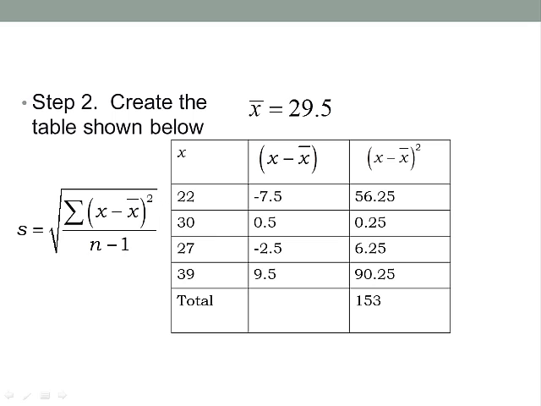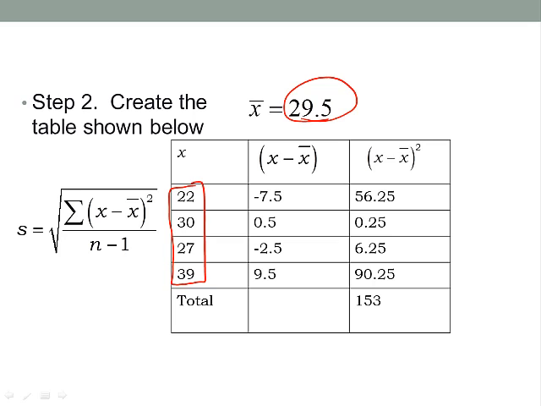Here are my x's, all my values: 22, 30, 27, 39. I subtracted the mean, which was 29.5, so 22 minus 29.5 is negative 7.5, and 30 minus 29.5 is 0.5. Then we square it. If we didn't square it and we added these up, we'd get 0.